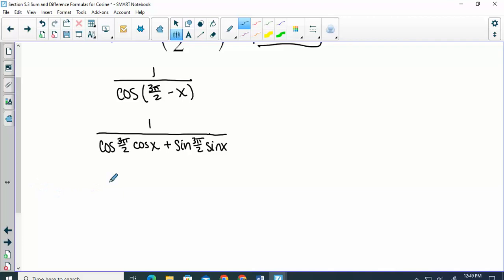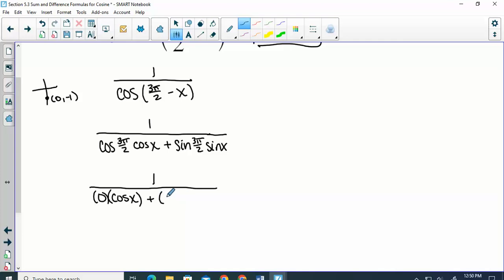Let's see if we can evaluate this. 3 pi over 2, if you're thinking about your unit circle, it's here. What is this point? 0, negative 1. What is the cosine? 0 times cosine x.